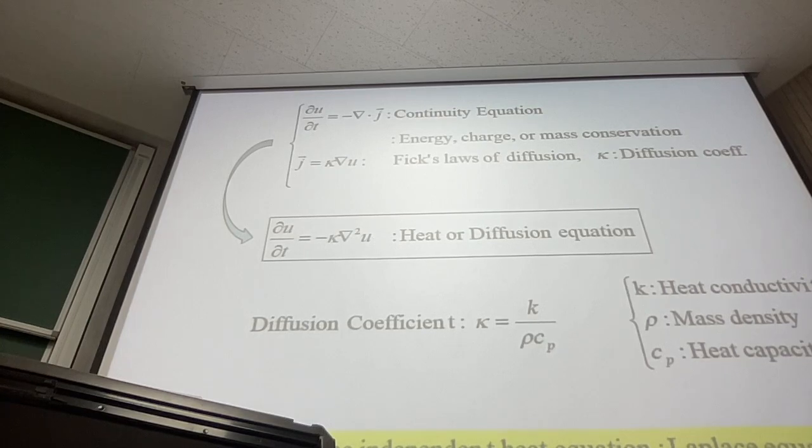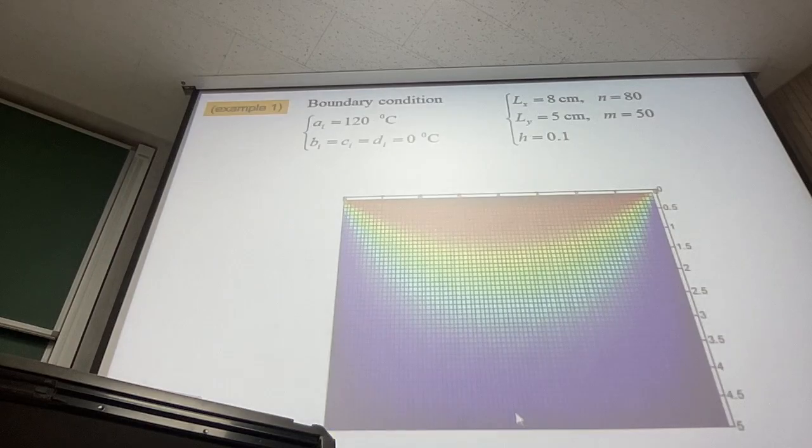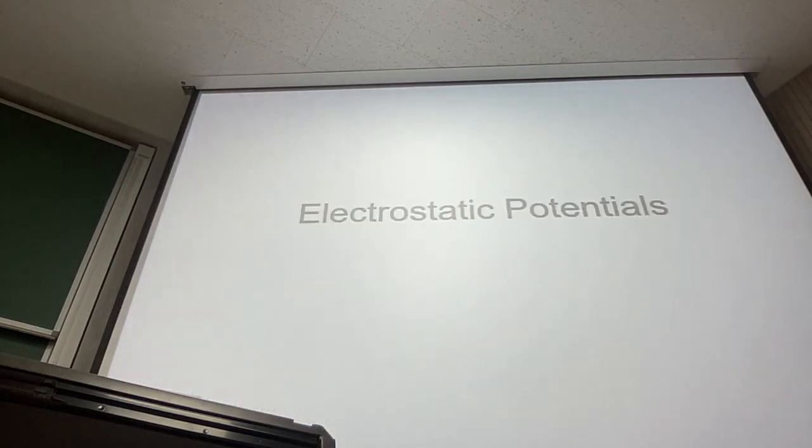For a time-independent equation, a static problem where there's no change of temperature, we can take this as 0 and we have just a Laplace equation. The Laplace equation is a typical example for the finite difference method. Another example of the Laplace equation is the electrostatic potential.